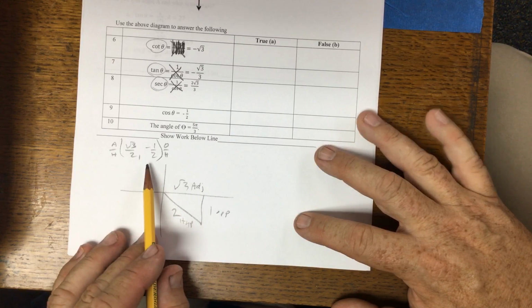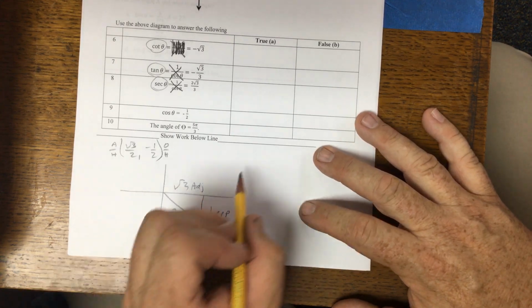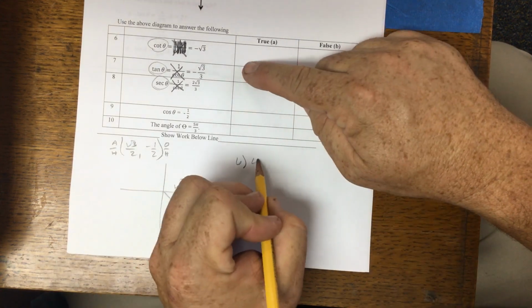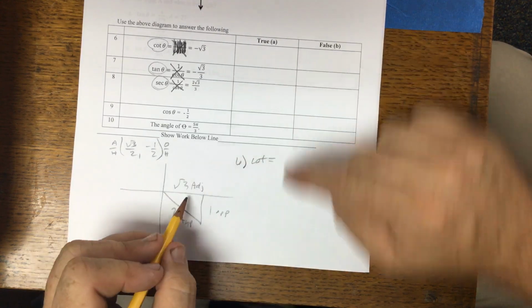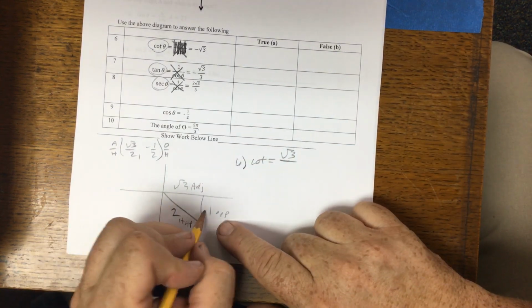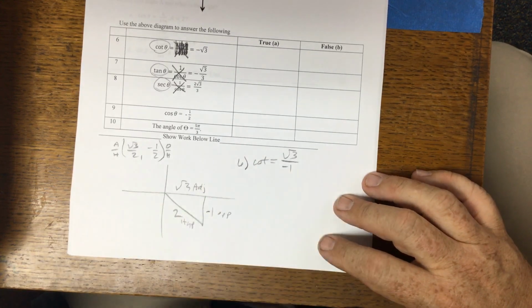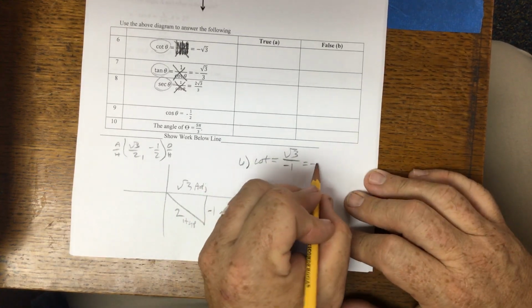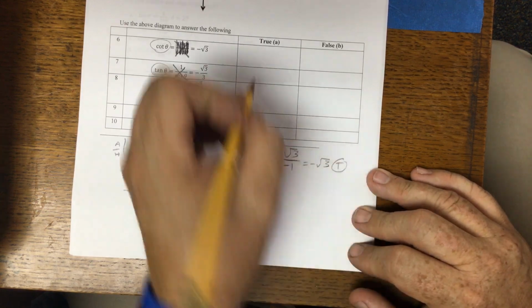So I look at this first, and I say, okay, for number 6, I want cotangent, which is adjacent over opposite. That's a negative 1. Negative 1, which is going to give me negative root 3. That one's true.